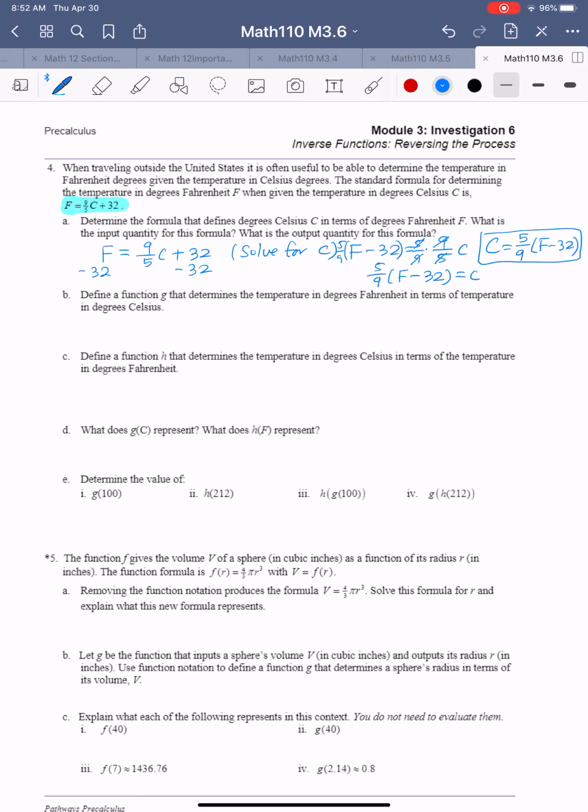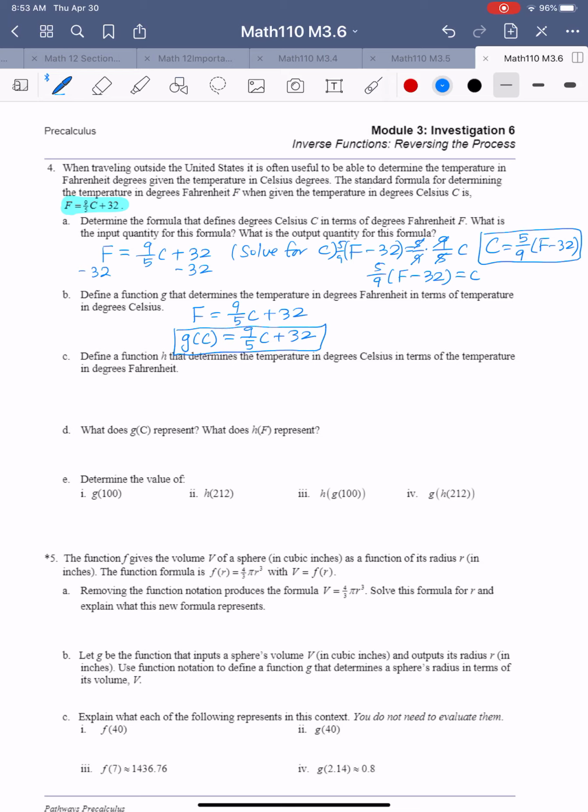In B, define the function G that determines the temperature in degrees Fahrenheit in terms of the temperature in degrees Celsius. So F is the original function, 9/5 C plus 32. Instead of the F function, I'm going to call this the G function. So G of C is 9/5 C plus 32. So you can call it the function form.